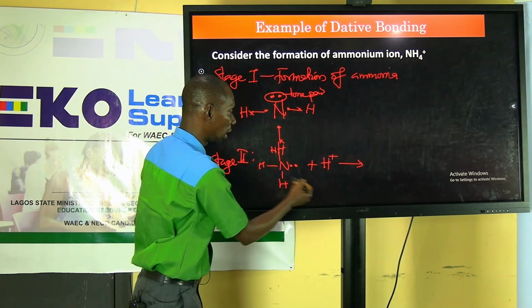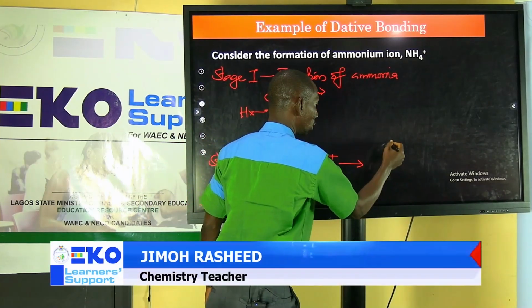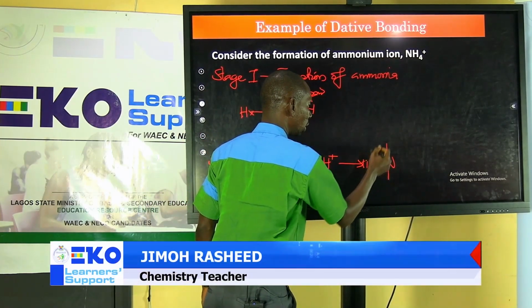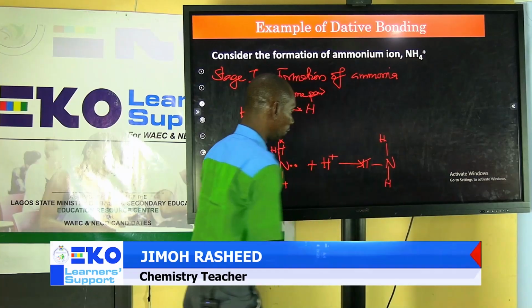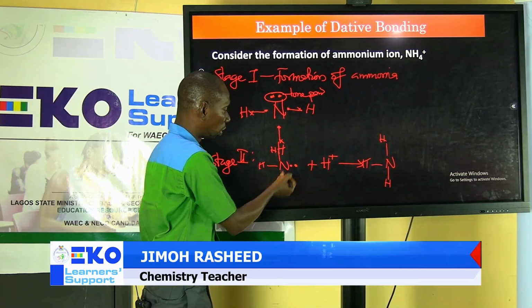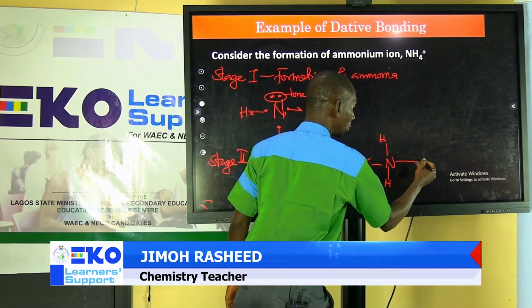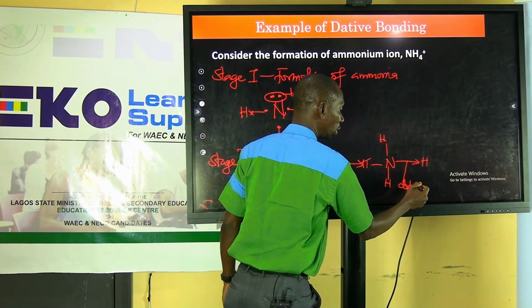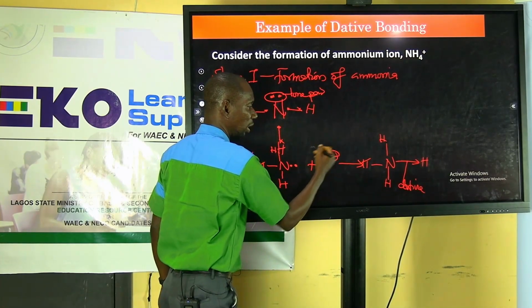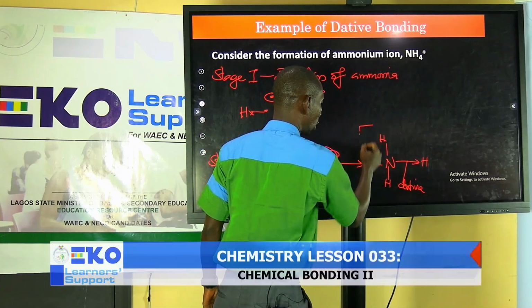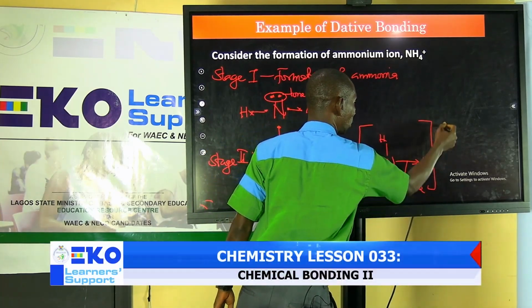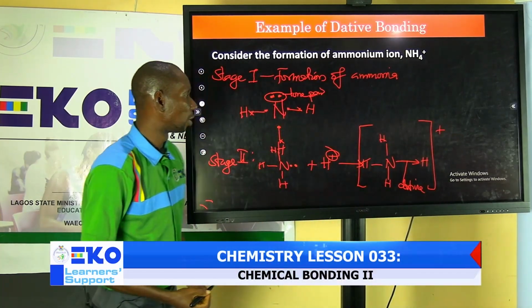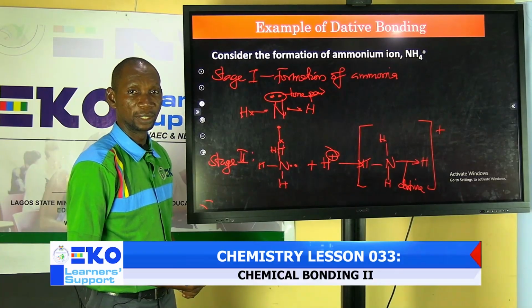So the ammonia is now combining with that hydrogen ion. In order to differentiate the new bond that is formed from the ordinary covalent bond, we use an arrow. So this bond is a dative bond, and you can see the charge on the hydrogen is transferred onto the ion that is formed, and that is how an ammonium ion is formed.